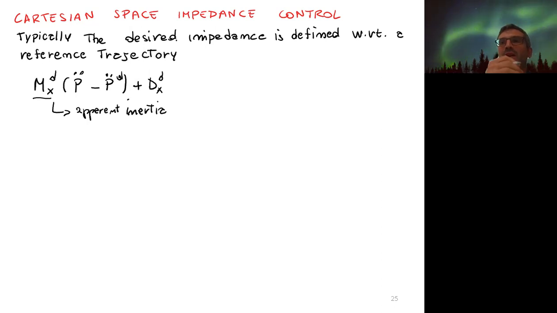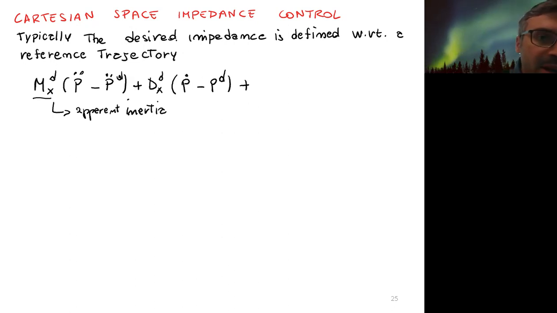The end effector will hide whatever inertia the manipulator has behind it. It could be a robot of 2 tons, very heavy and very big, but at the touch it can feel like a 1 kilogram mass if we want, because this approach allows us to shape the inertia.